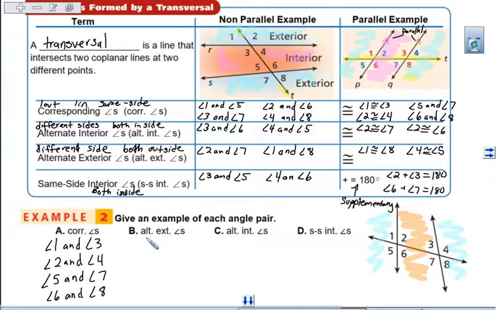Then we're looking for alternate exterior angles. So remember, alternate exterior angles are on different sides of the transversal, and they're both on the outside. Our alternate exterior angles would be angle 1 and angle 8. The other set would be angle 4 and angle 5.